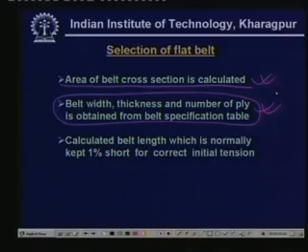Now, the last one, which requires a little bit of discussion that we have not done yet, is the calculated belt length, which is normally kept 1% short for correct initial tension. You know the role of initial tension in power transmission, that we have already discussed.